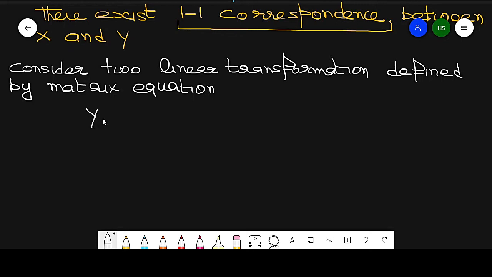So one, I am taking y equal to Px, and second I am taking z equal to Qy, right?